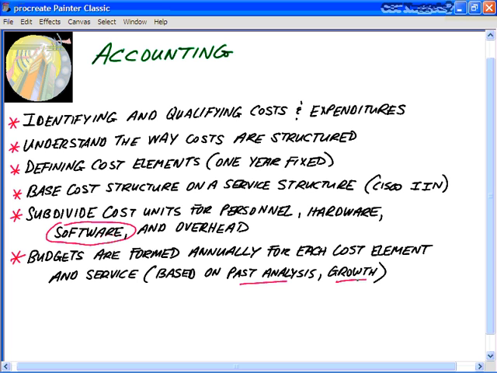So, in other words, your budgets in a large company may actually be subdivided down to, let's say, just the network operating system software level or the collaborative operating system, let's say Microsoft Office, or maybe using Notes, okay? So you can budget at a subdivided level for a large organization to make it a more modular and more manageable approach.